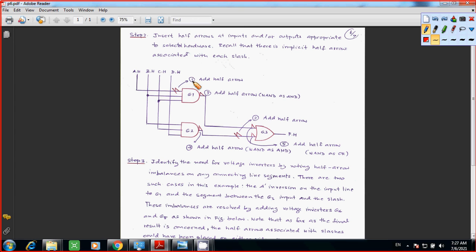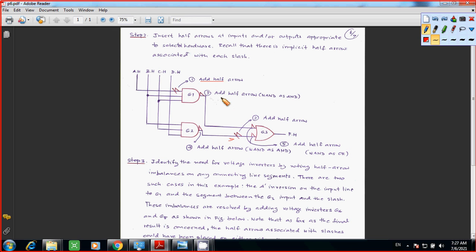Okay, I also put a number, the steps that I worked through. So number one, why I add half arrow? Because the slash always come along with half arrow, so you need to put a half arrow in there, same as at this point. So that becomes step number two.